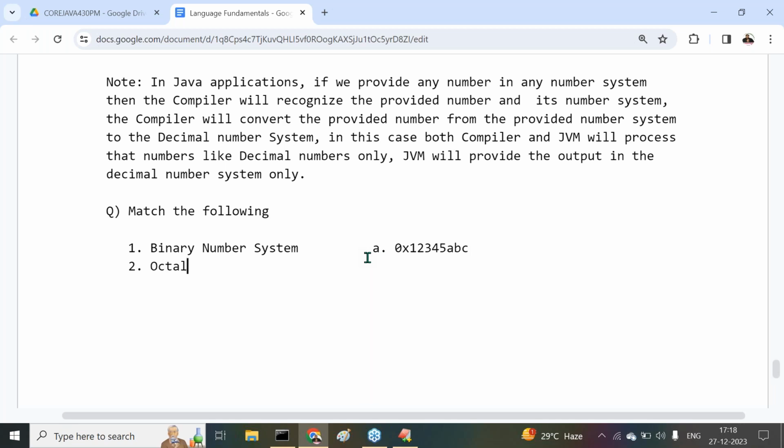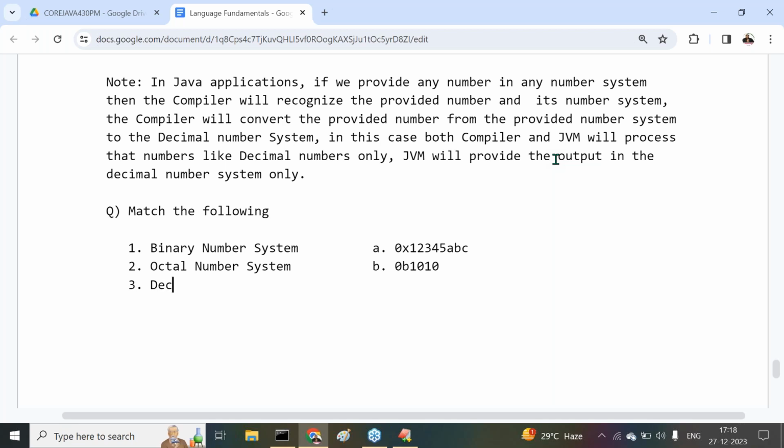Number two, octal number system, B: 0b1010.